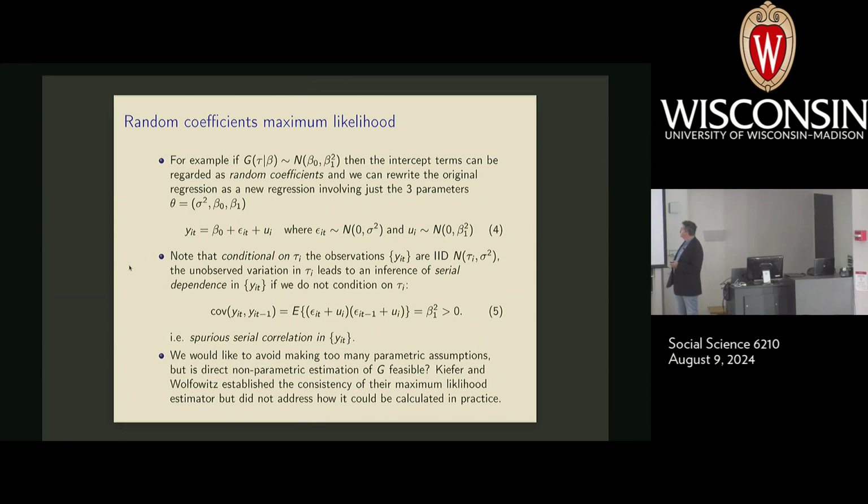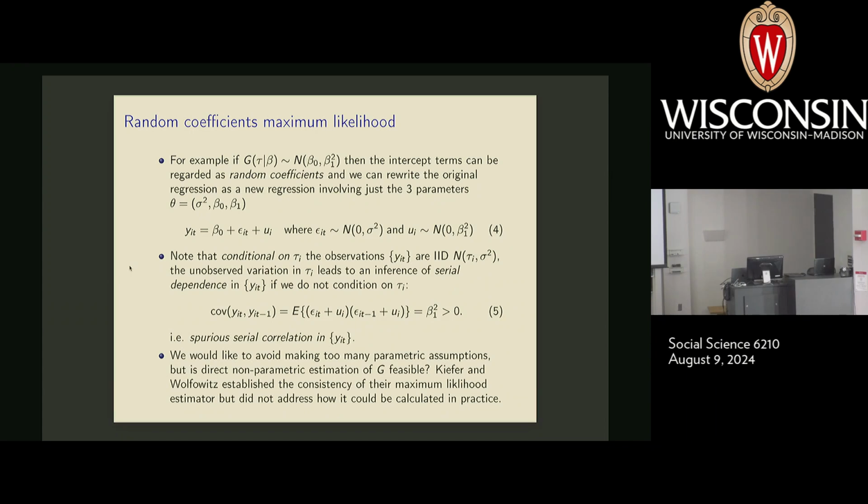But if you do that, for instance, one of the reasons you do this is not just to learn about the unobserved type, the G, but also because you can get what's called spurious serial correlation, or Heckman talked about spurious duration dependence, right? So in other words, if you assume that G is normally distributed, then you can write tau as its mean plus a residual, and now you get this combined residual where one part is serially independent, but the other is dependent across periods.